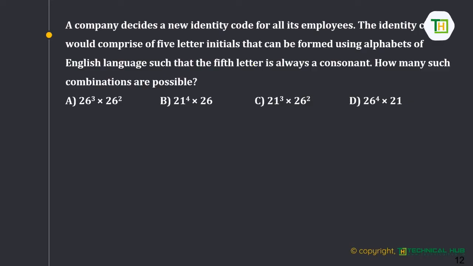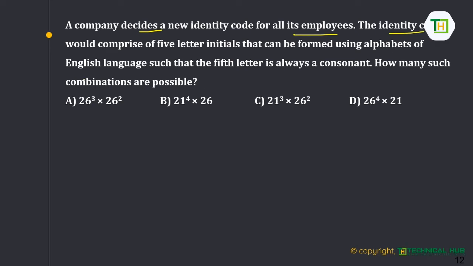Yeah, see this question. So permutation and combination. So what is given here? Say company decides a new identity code for all its employees.